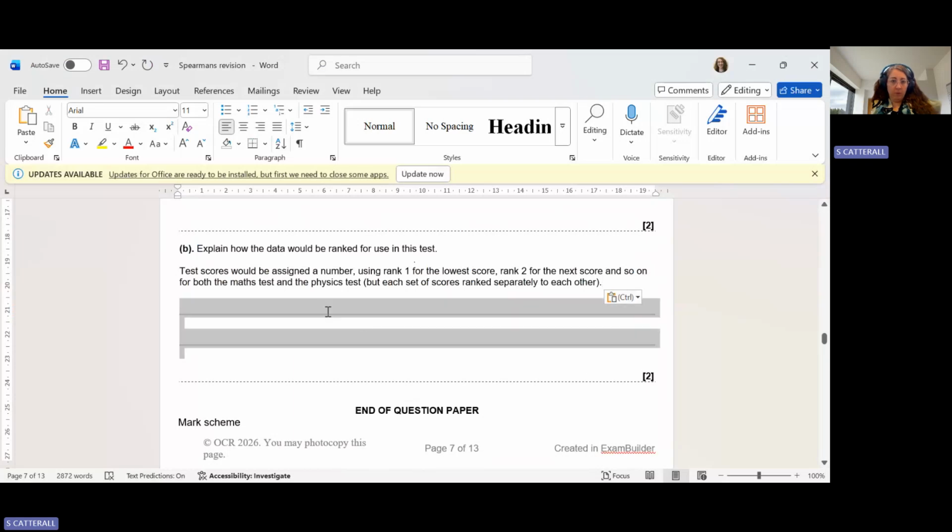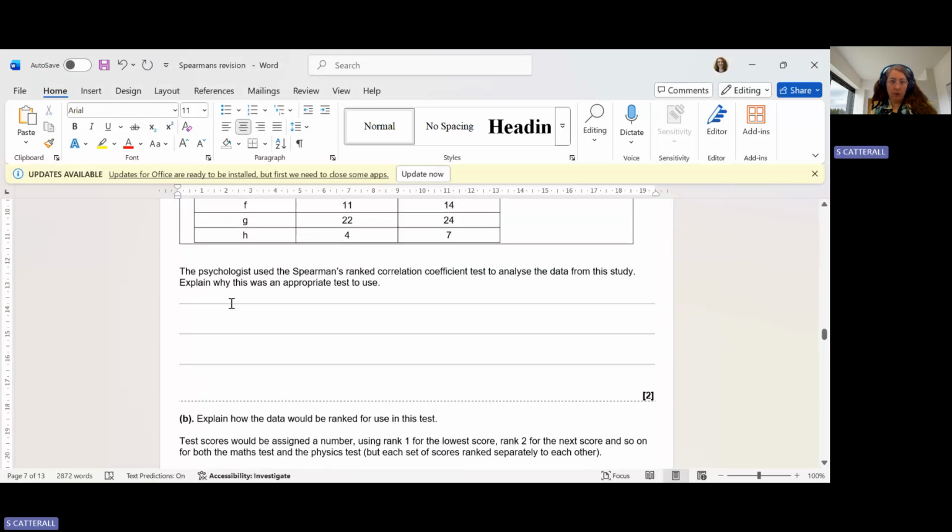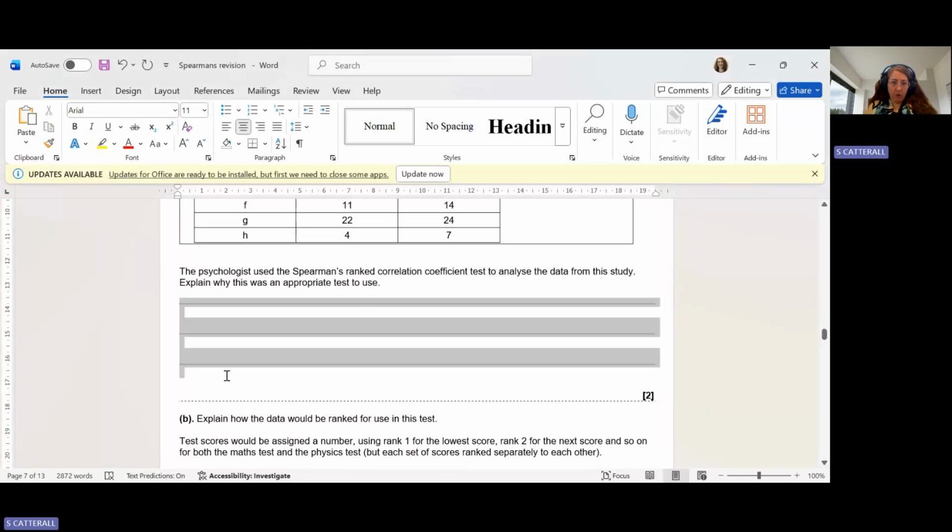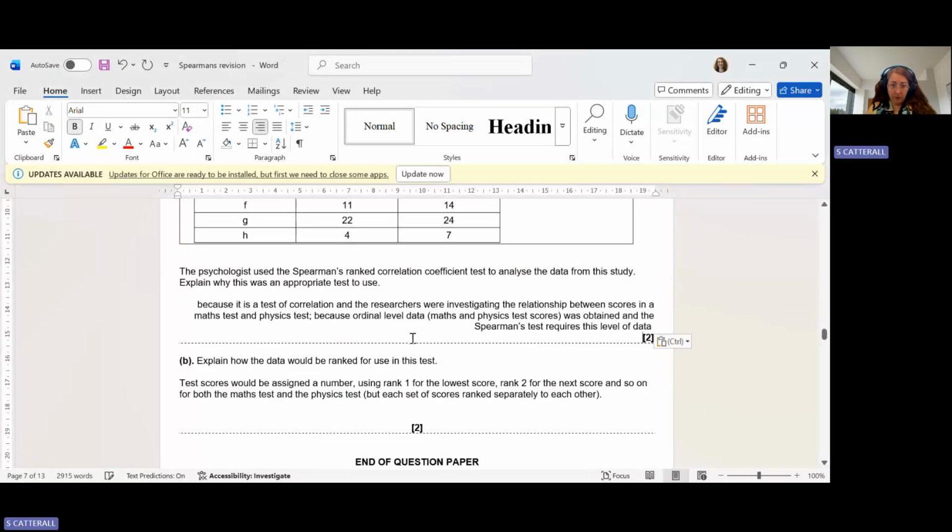And then the other one is, why is it appropriate? So again, because it's testing for a correlation and because it's ordinal data. Although I wouldn't call that ordinal, I'll say it's at least ordinal. At least ordinal data was obtained.